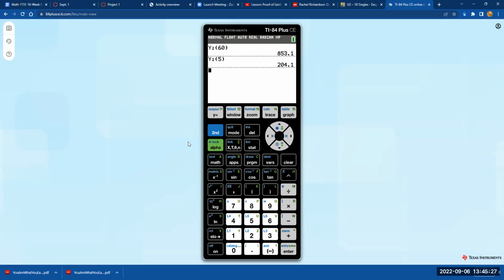Another way you could do this, let me use the same numbers, 60 and 5. You can do it off of the graph and hit trace, and go 60, enter. Then it gives you the answer. And then maybe you do 5, enter. And that gives you the same answers via the graph.